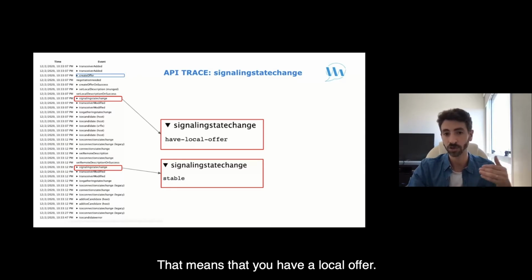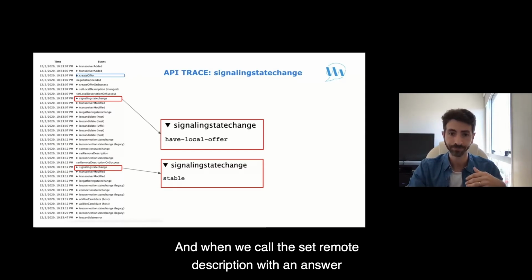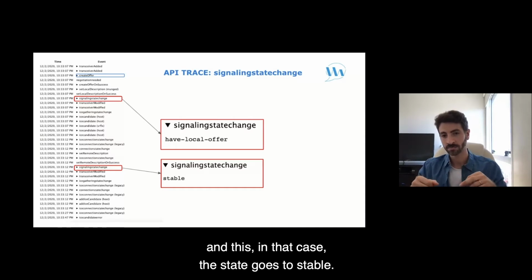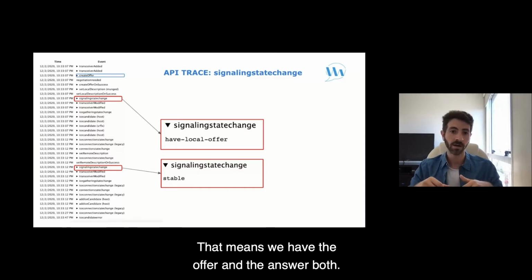That means that you have a local offer. And when we call set remote description with an answer, the state goes to stable. That means we have the offer and the answer, both.